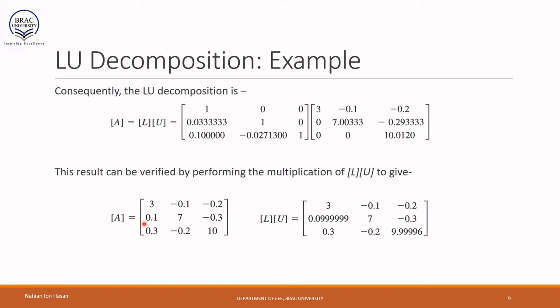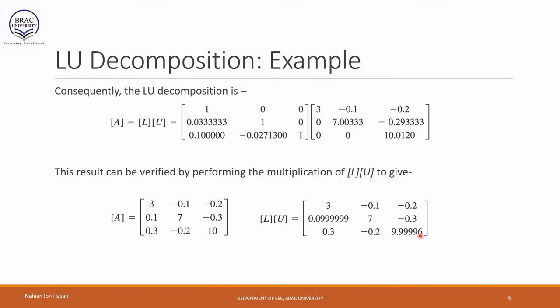For example, the first element of the second row in the original matrix was 0.1, but when we multiply these two matrices, we get the value 0.0999. It's almost equal to 0.1, but not exactly equal to 0.1. Similarly, this last element, which is 9.99996, should have been exactly equal to 10, but it's not.